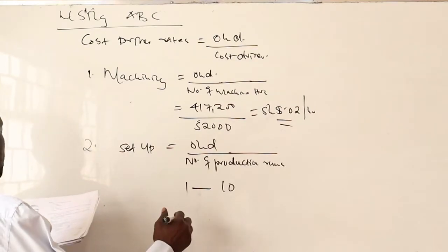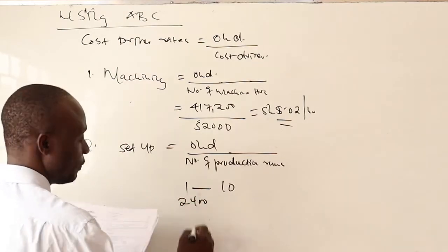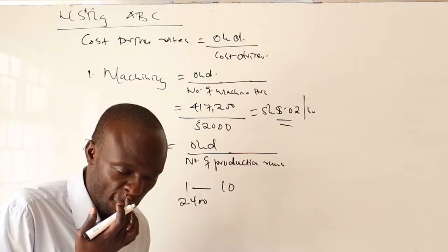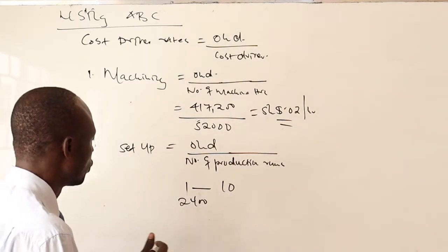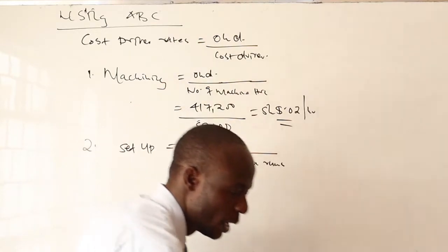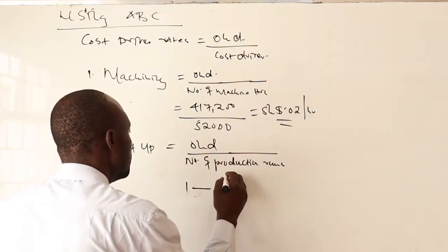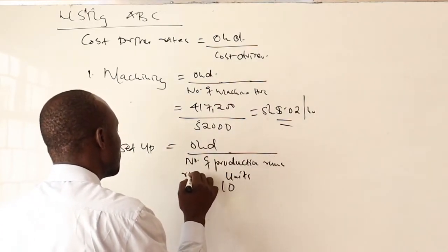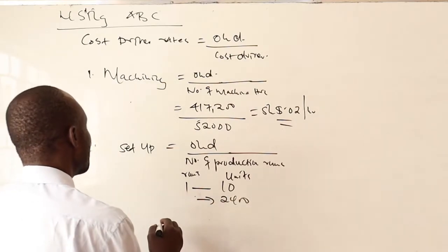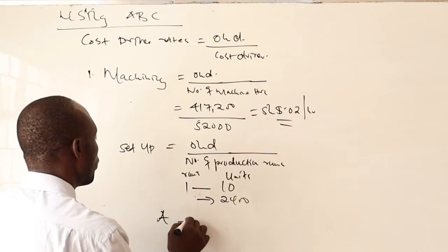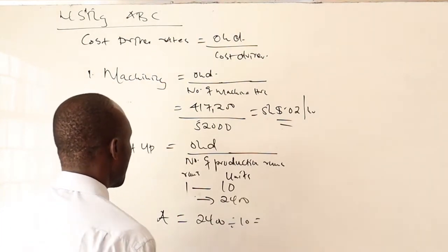Now we ask ourselves, we are producing 2,400 units. One run is equal to 10 units. So for product A, it will be 2,400 divided by 10, and you get the number of runs.